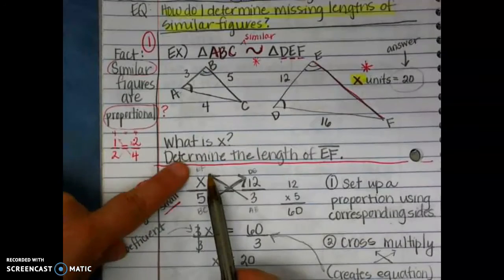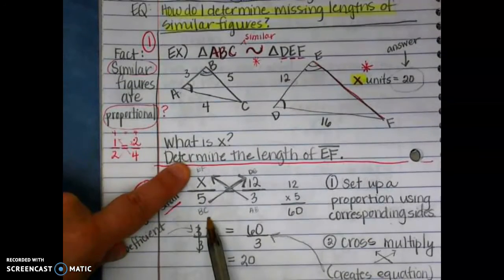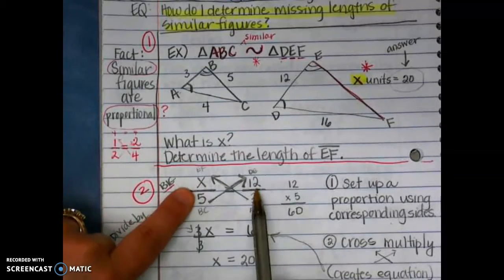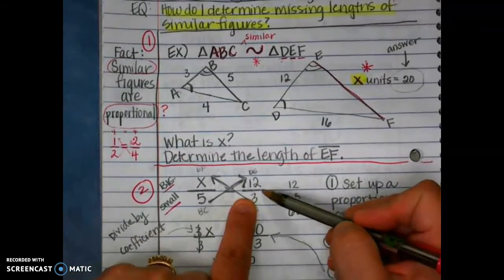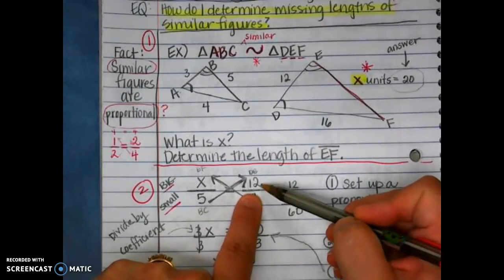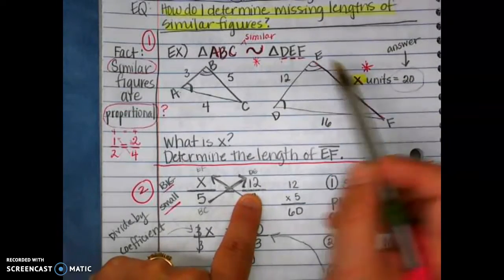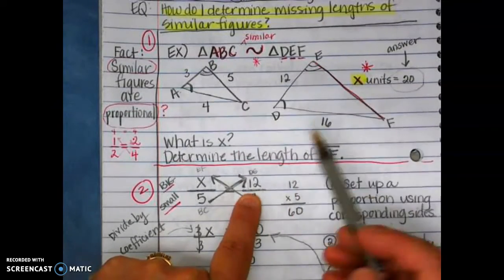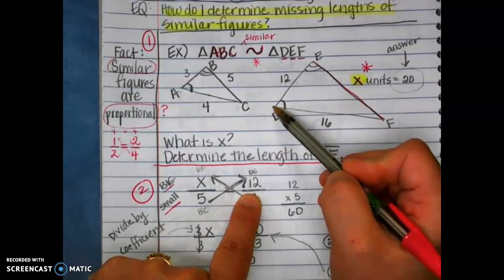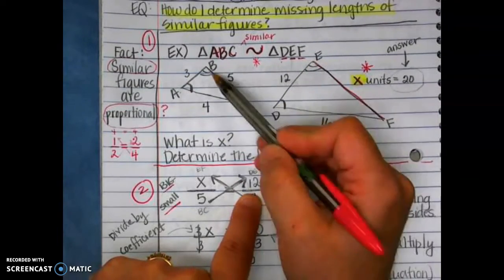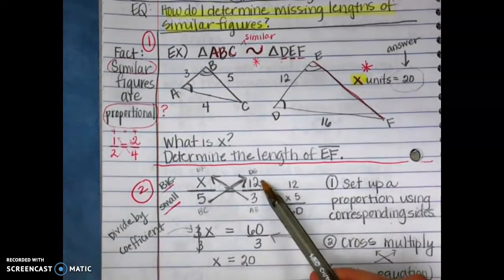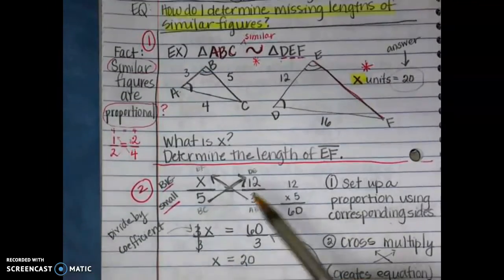And that's why we put in our notes EF is to BC. Now, when I go over to the other half of my proportion, all I need to do is find another number on here that has a matching one over here. So we chose the 12, and the 12 arm matches with the 3 arm. So you're going to say 12 over 3.